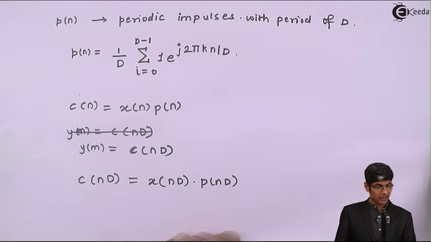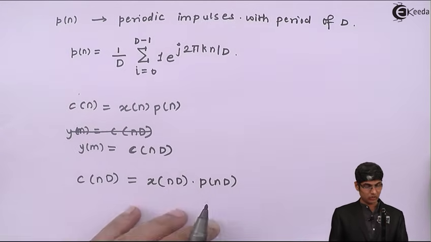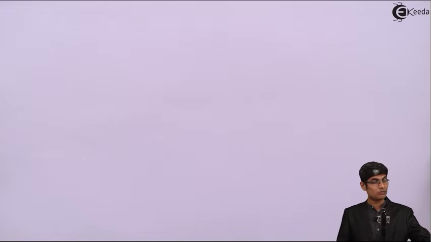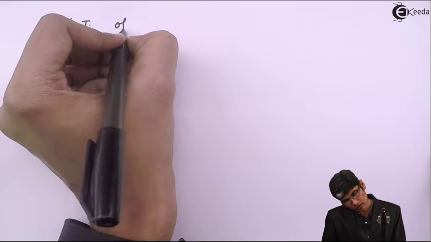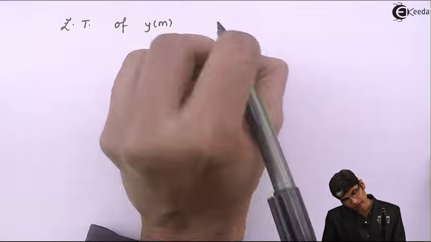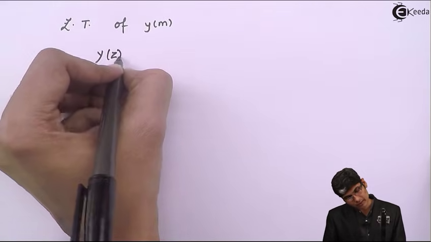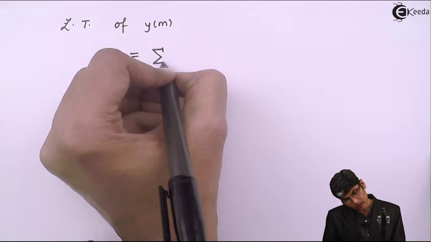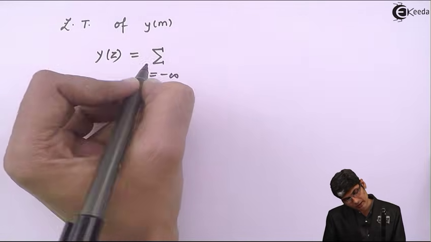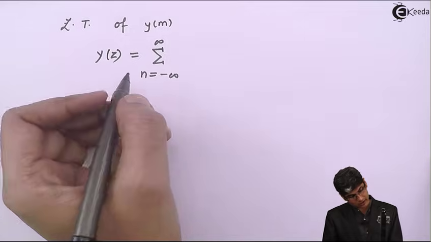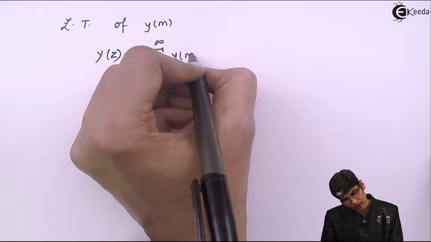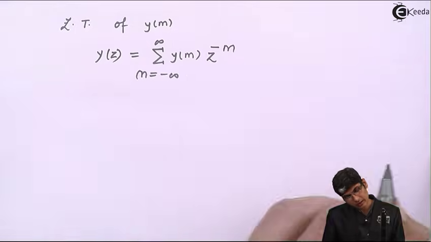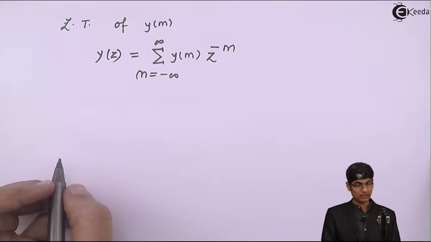Now if we take the Z transform of y of m, we get Y of z. Y of z is equal to summation m going from minus infinity to plus infinity, y of m z raised to minus m.